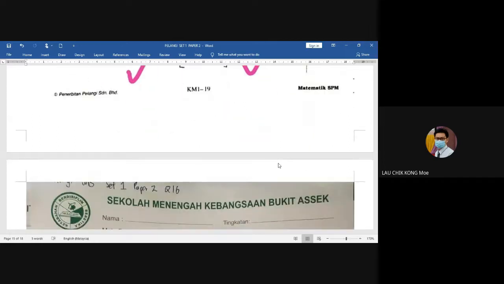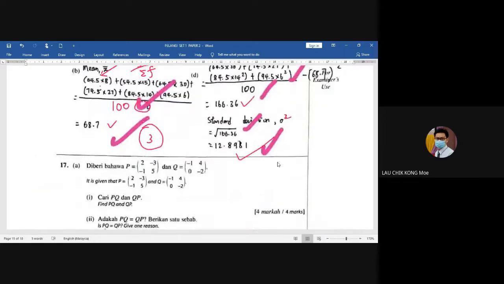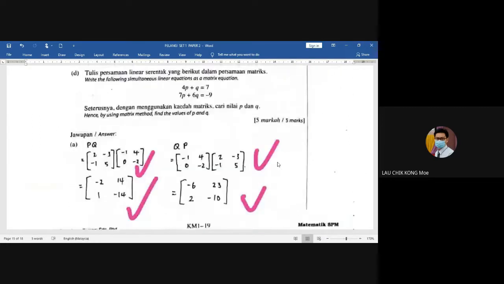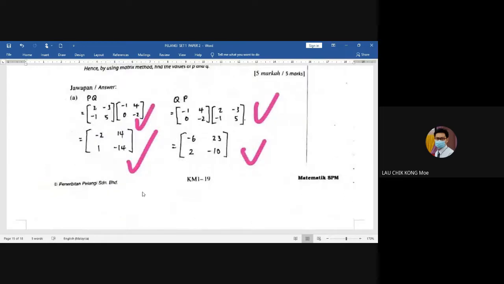And then what is the reason? Is PQ equal to QP? They are not equal, so PQ does not equal QP. What is the reason?